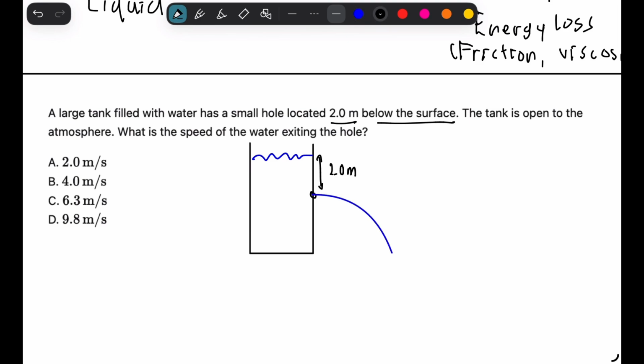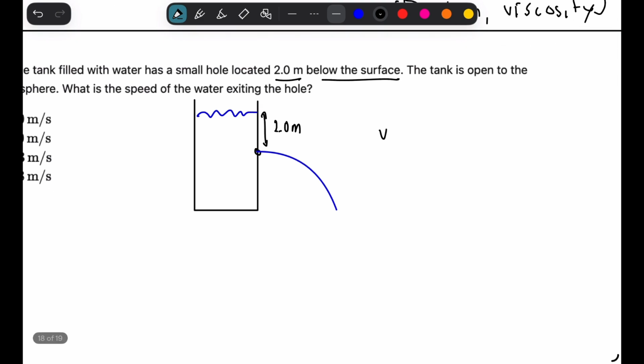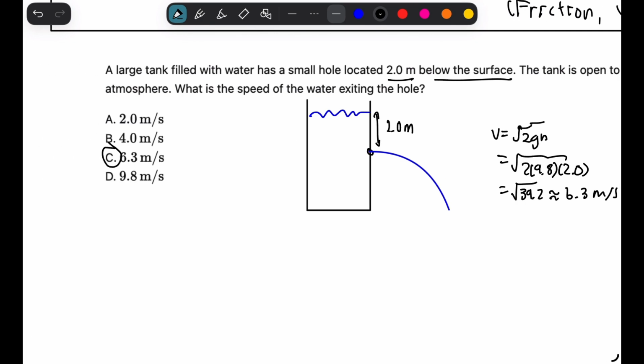We can find this by just applying our formula. So we get approximately 6.3 meters per second, which is option C.